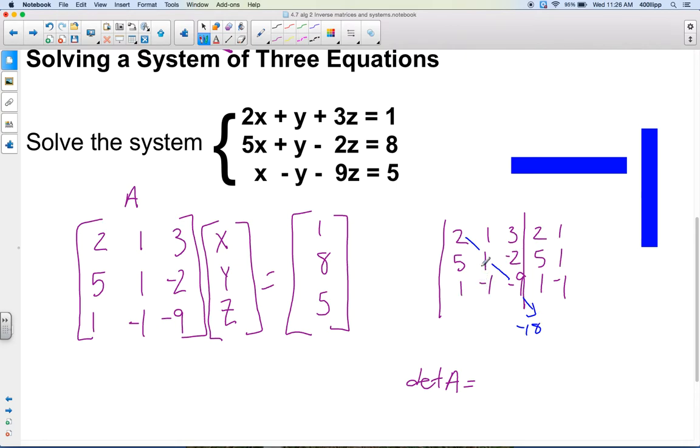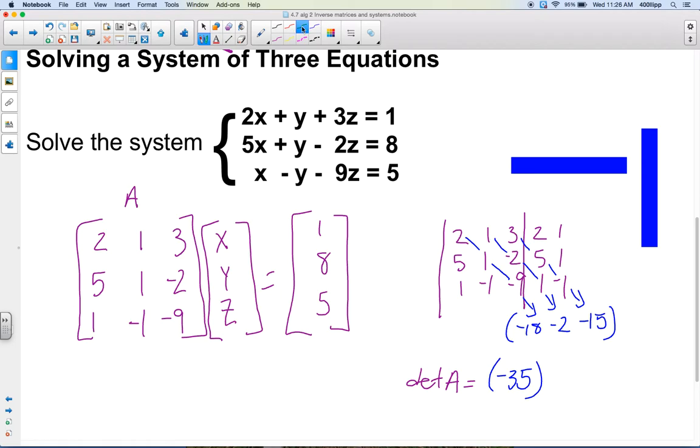If you mess one little number up, then everything will be off. Alright, multiplying this, 1 times negative 2 times 1 here. That's a negative 2. 3 times 5 times negative 1 is a negative 15. Okay, so I'm going to add these up. That's going to give me a negative 35.